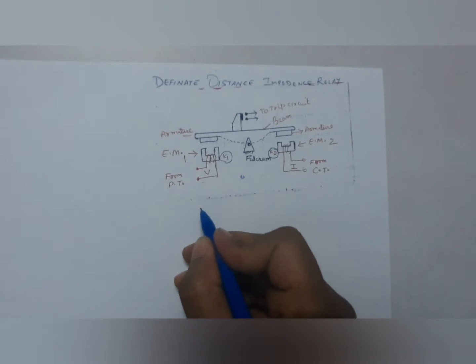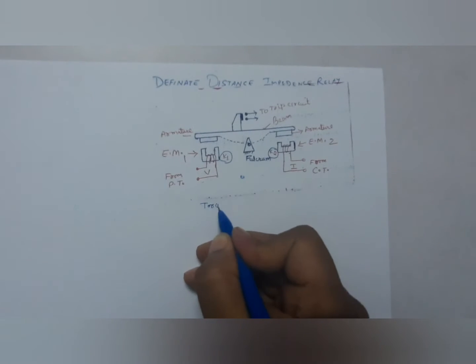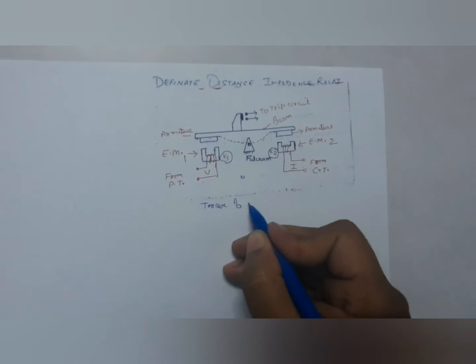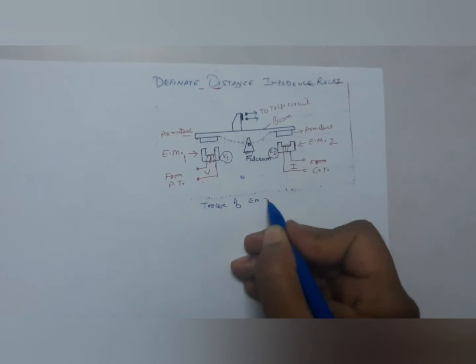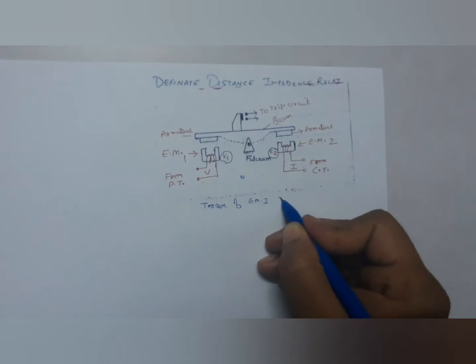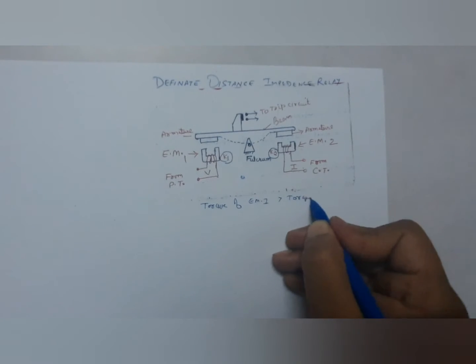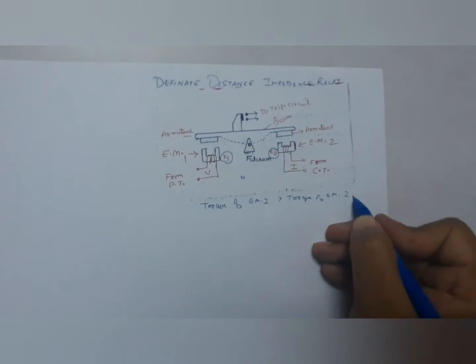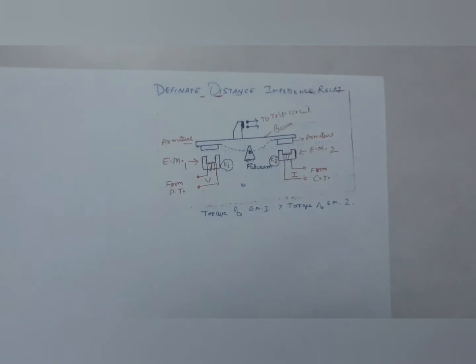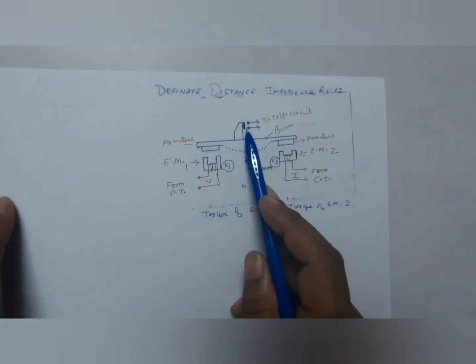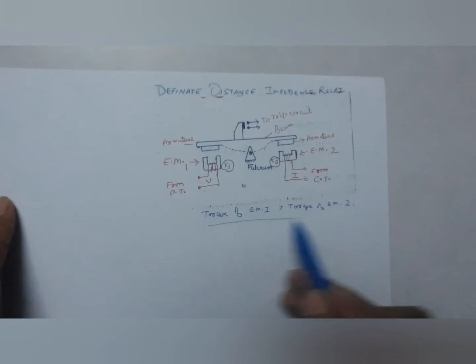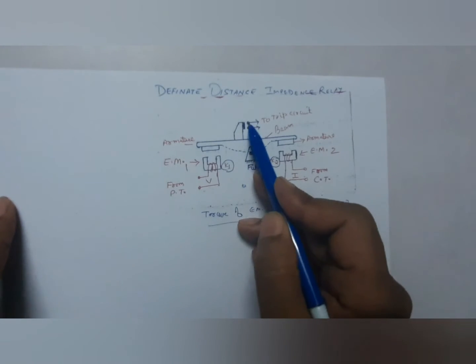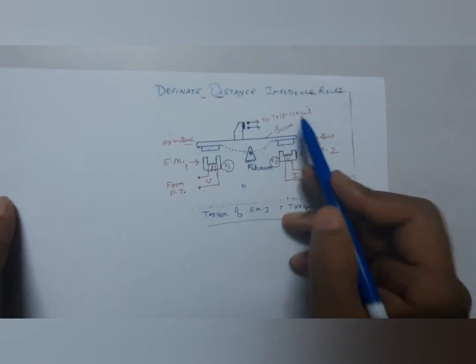But torque of EM1 is more than torque of EM2. So this is the balance condition, or the normal or healthy condition. This situation is not letting the contacts close. These contacts are for the tripping mechanism.